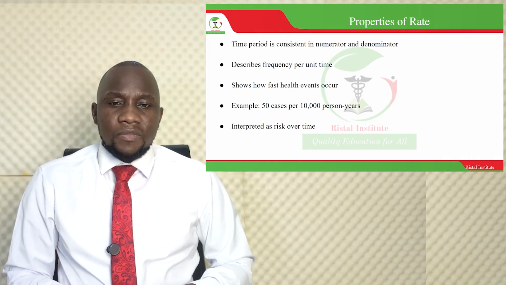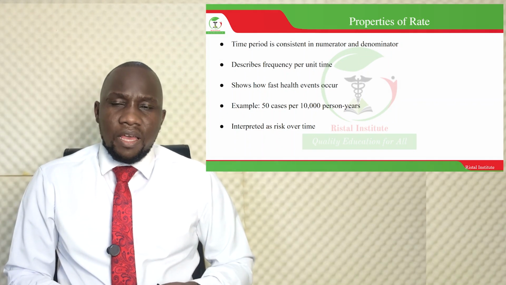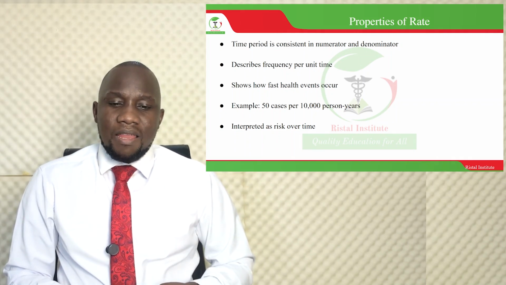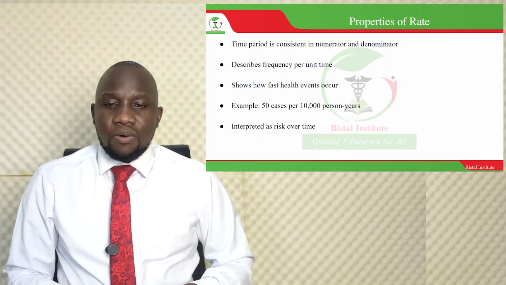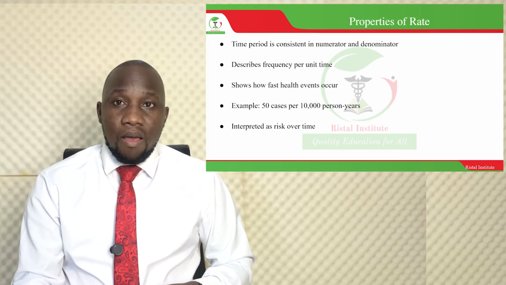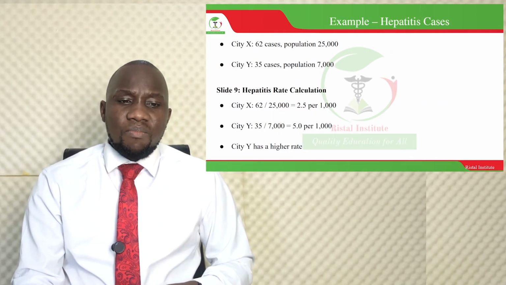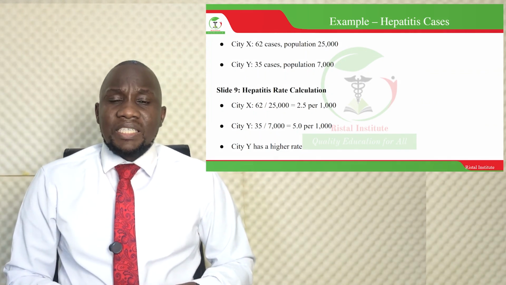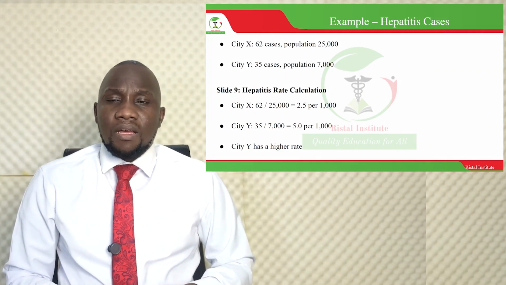In health, you can look at cases that we have per 1,000 person years. This is a concept that you learn in other modules like epidemiology. It's the same thing that we have here. How many people are getting a particular condition per the population that we are having?